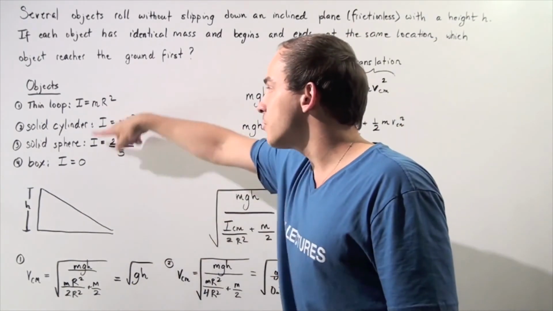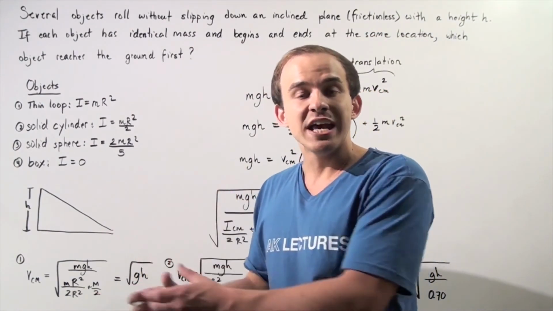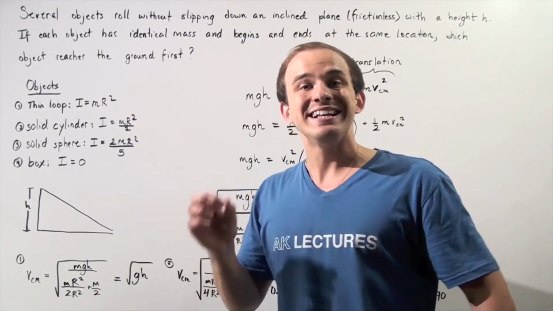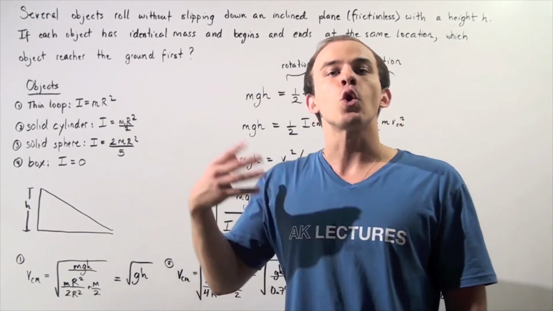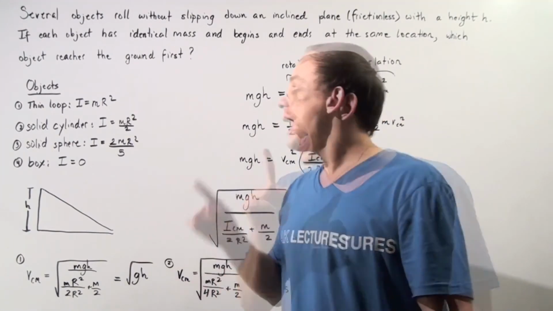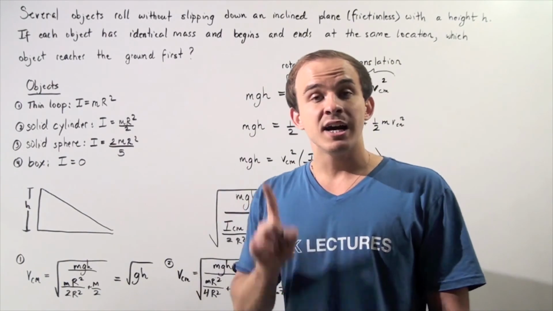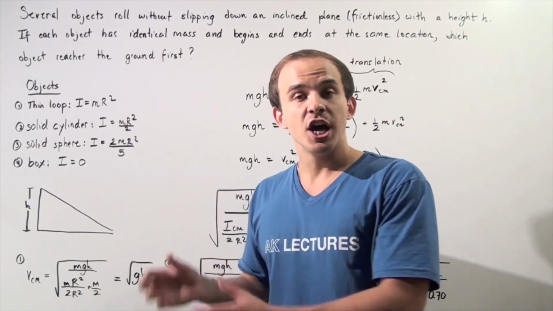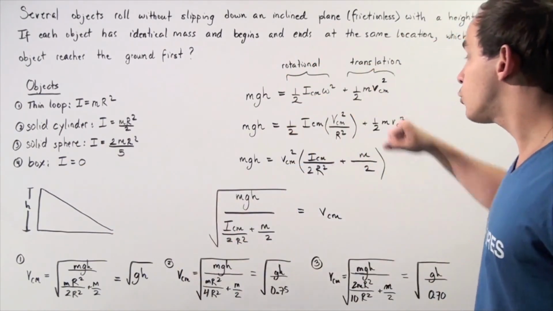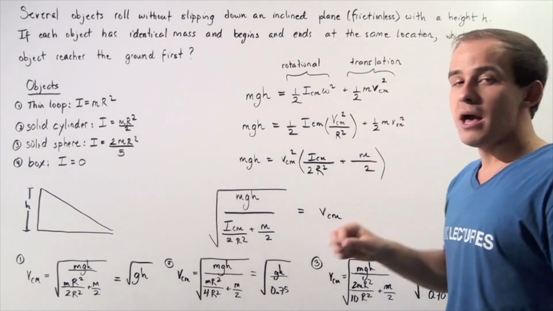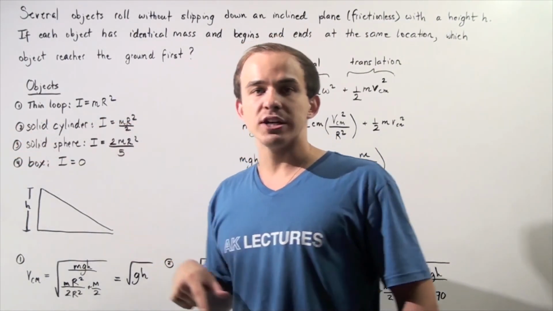But for these three cases, a bit of that gravitational potential energy has not only gone into kinetic energy of its translational motion, but also into its rotational kinetic energy. And object number 1 will reach the bottom last because a greater portion of its gravitational potential energy has gone into increasing its rotational kinetic energy as compared to objects number 2 and number 3.